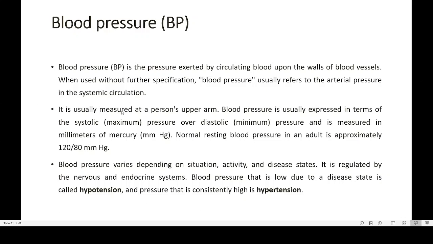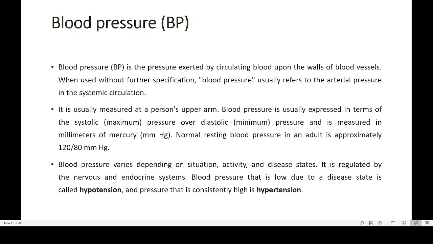So normally we see a maximum or higher pressure, which we call systolic pressure, and a minimum or lower pressure, which we call diastolic pressure. Normally systolic pressure will be 120 and diastolic pressure will be 80. This is the normal blood pressure.